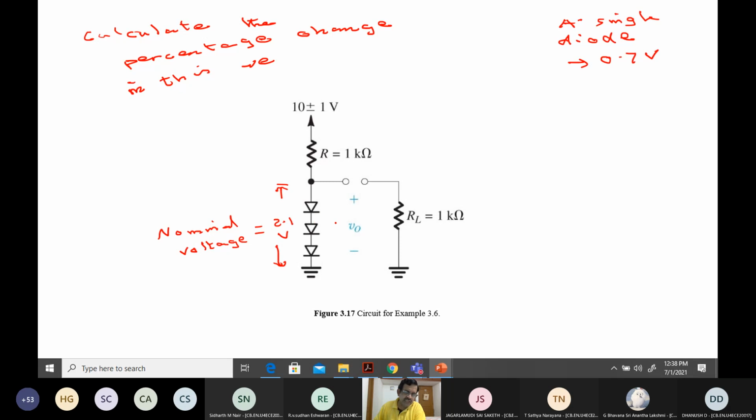Therefore I have constructed it like this, and my typical load here is 1 kilo ohm.